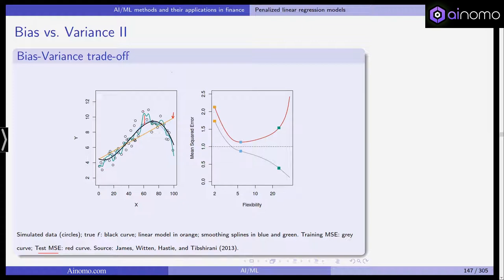As you can see, the training MSE and the test MSE are quite close here, and actually quite high. If we use the smoothing spline with the blue curve, you can see that they are still quite close together, and actually lower. And we can reduce the training MSE by using a much more flexible model.